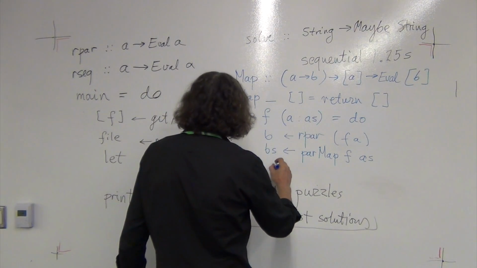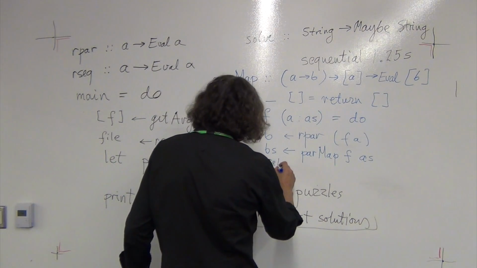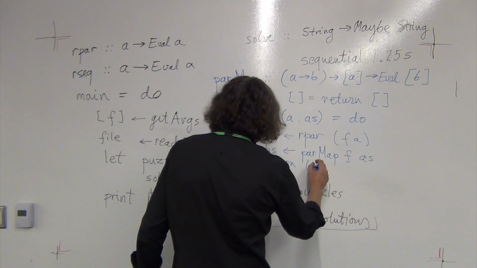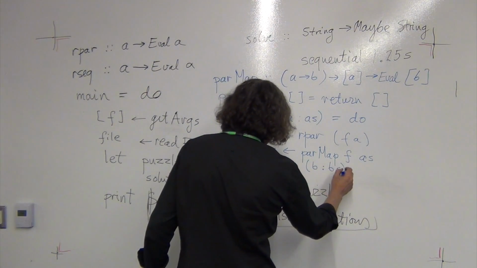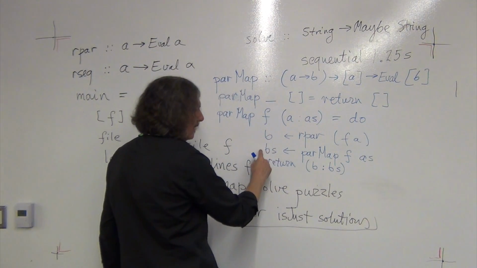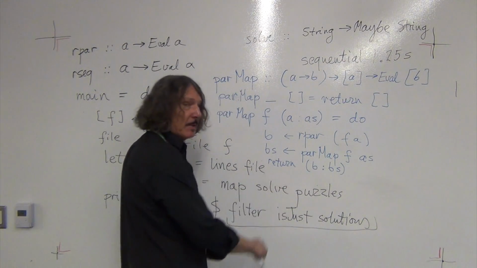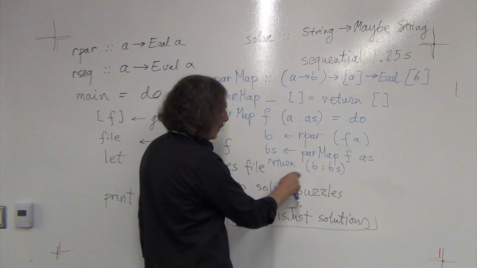So we'll say return a list that's b cons bs. So we are recreating this list from the head and tail, right? And we apply return to it because we want this to be in the Eval mode.